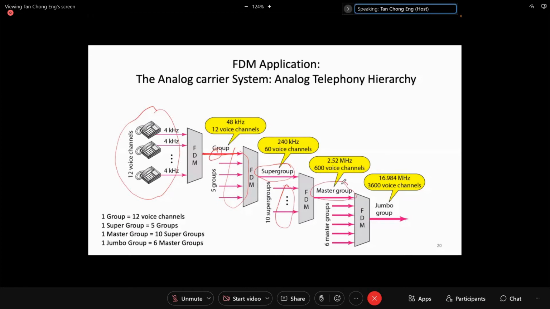Many master groups combine again to create a jumbo group. This goes from your housing area to regional, to state-wise, to countrywide, and maybe all the way to international. So this is exactly what happened in our analog telephone system.